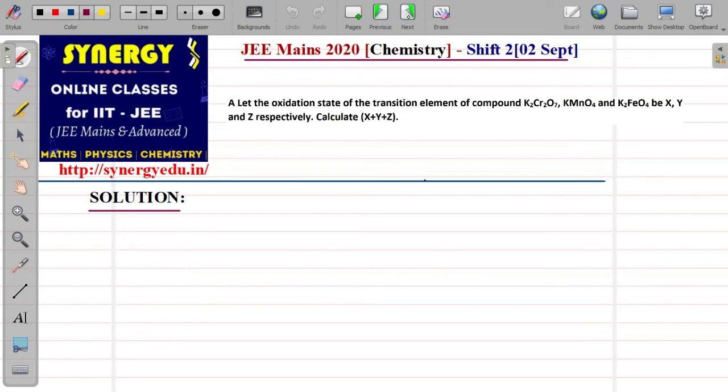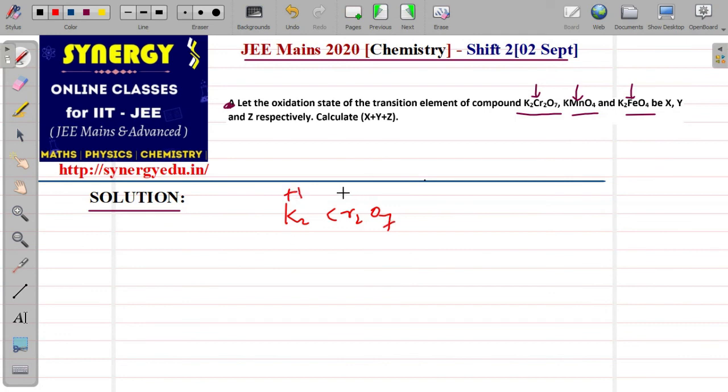In this question, they are asking about oxidation states. Let the oxidation states of the transition elements in these compounds, chromium, manganese and iron, be X, Y, Z respectively, and we need the summation. So let's take K2Cr2O7.